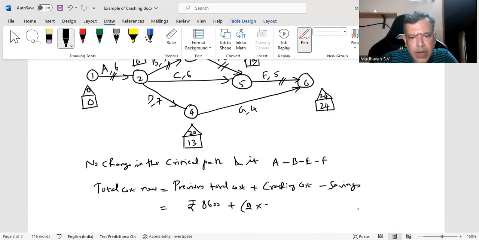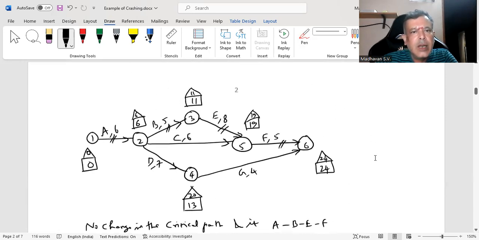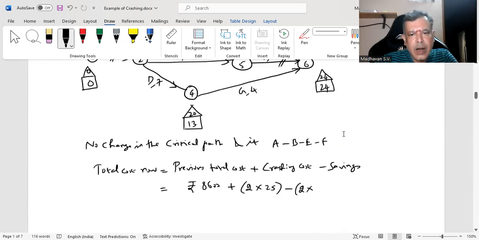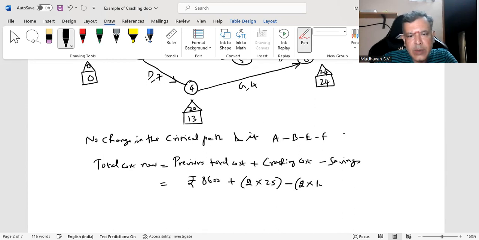So 2 into 25. How much saving you did? You saved 2 days, because 26 days gone down to 24 days. And each day saving, you are going to gain 100 rupees. That 100 rupees indirect cost will be saved.